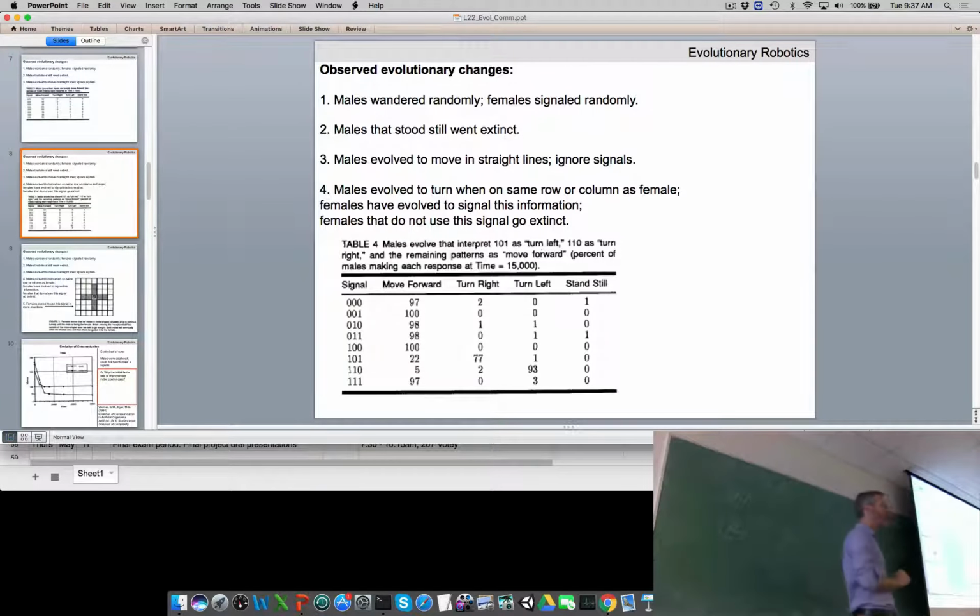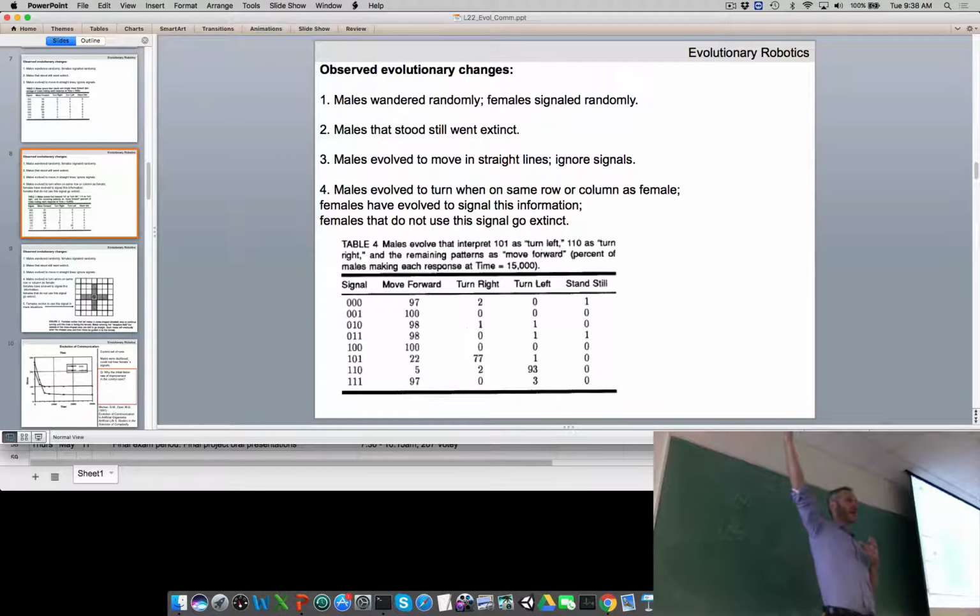So the female is going to emit these signals selectively. Remember that she can sense where the males are relative to herself. So in this case now, the females are going to emit this pattern when the male is on the same row or column as the female. Why does that make sense? So there's a female sitting here. There's a male to the north of her that is moving to the east.